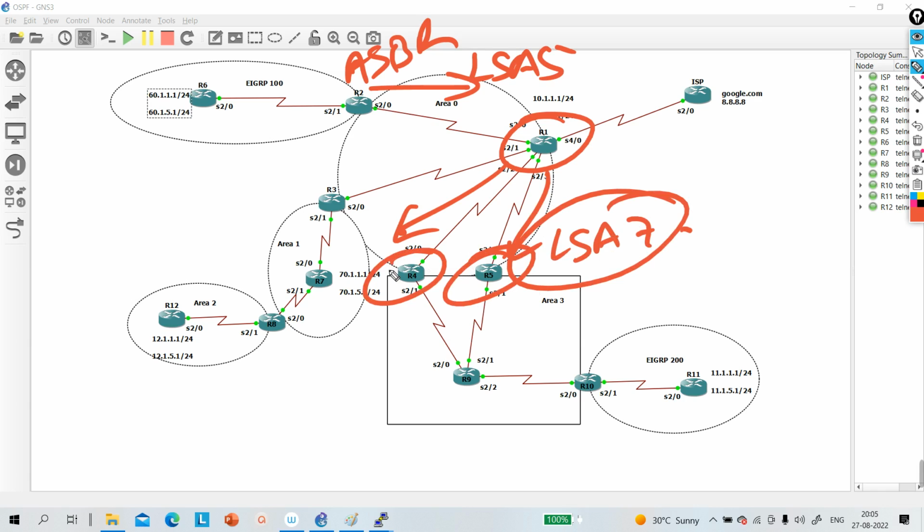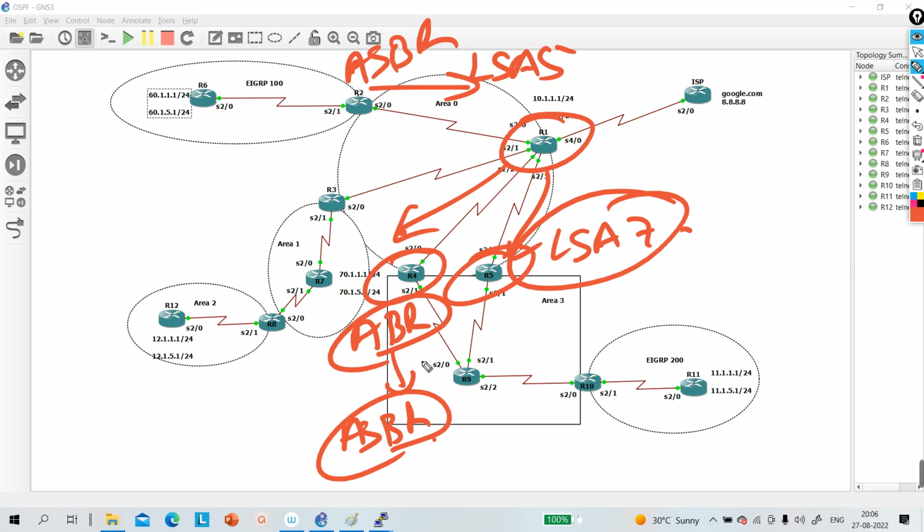So you have to run one more command on the ABR router to make the ABR an ASBR. With the help of one more command, you can make an ABR an ASBR. Now once I run that command, these two routers will start acting as ASBR, and they will generate LSA 7. The ABR router will generate a default route in the form of LSA 7, because the ABR routers, router 4 and router 5, have this prefix.